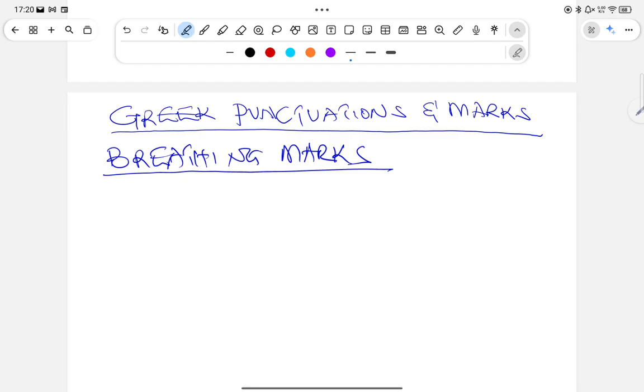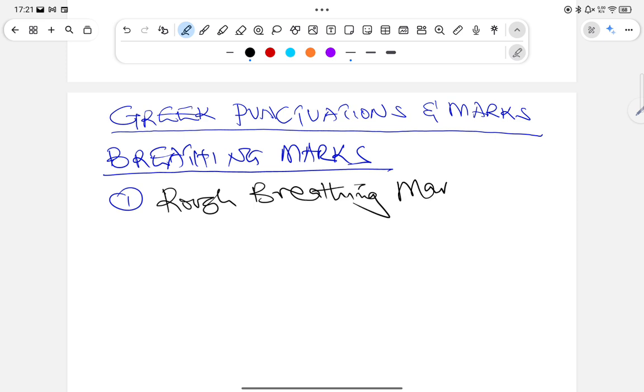The breathing marks that Greek has, there are at least two kinds. There's what we call the rough breathing mark and a smooth breathing mark. So there's the rough breathing mark. Think of writing an English word where you would put an apostrophe.